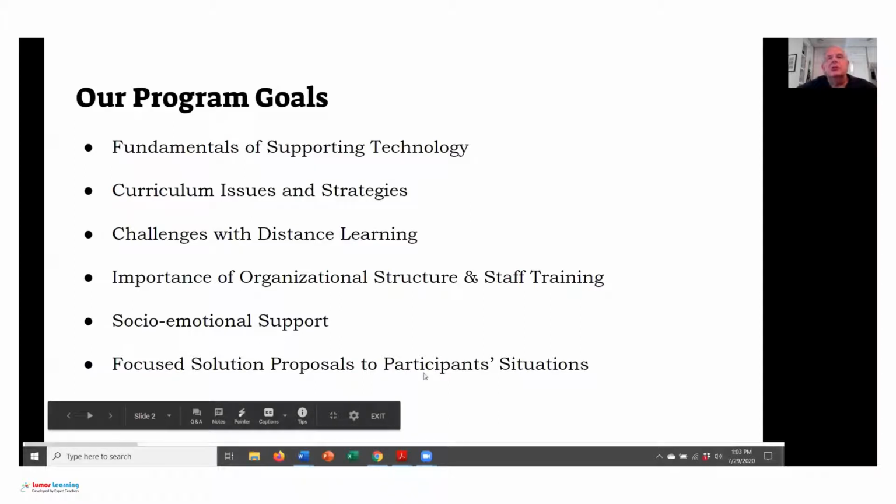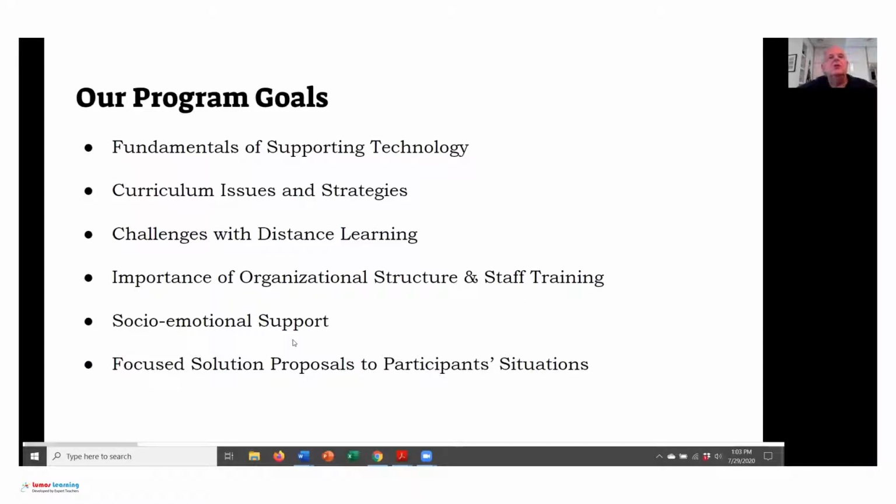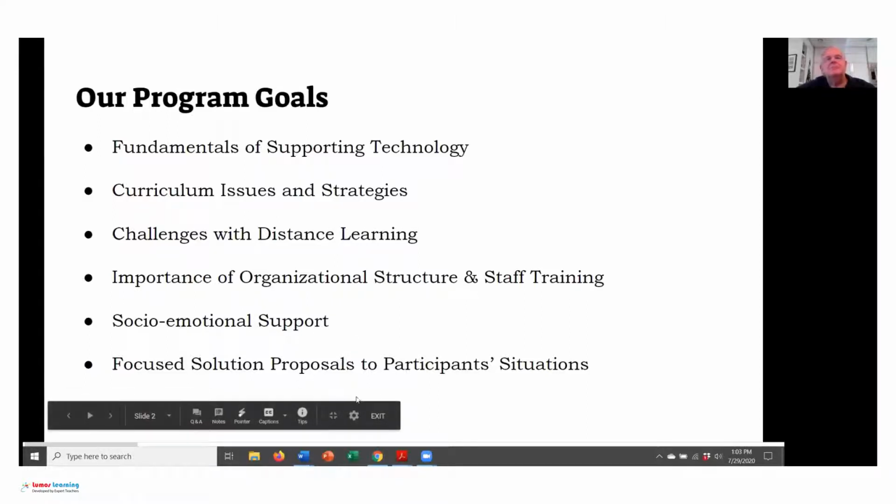The importance of organizational structure and staff training will be a big focus for next week, along with socio-emotional support for everyone who's involved in this process and everyone who's stuck at home, but certainly for everyone involved in education using these technologies, and focused solution proposals and participants for your situations. We're going to talk a bunch about that today, and we'll talk about it more in subsequent sessions.